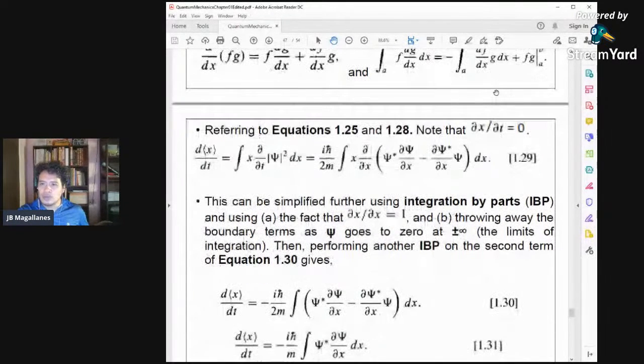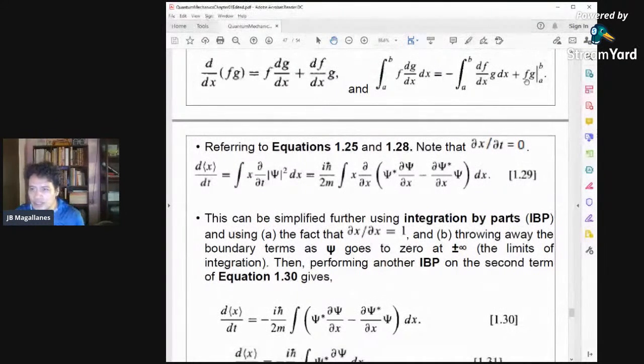So that will reduce this particular expression, because here you have f equal to x, and your g is just this one.